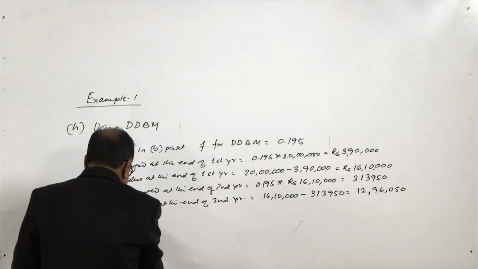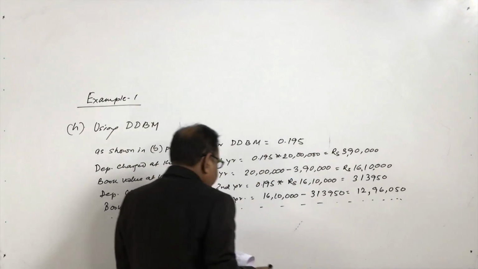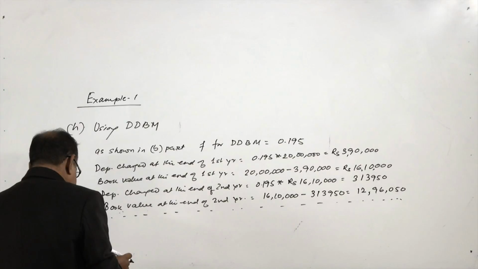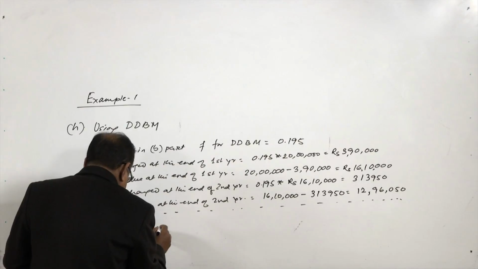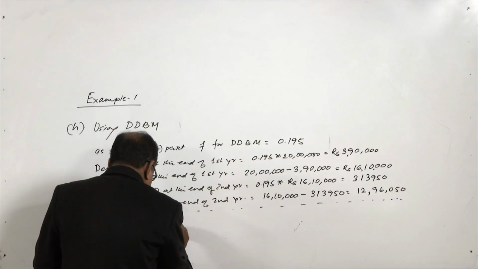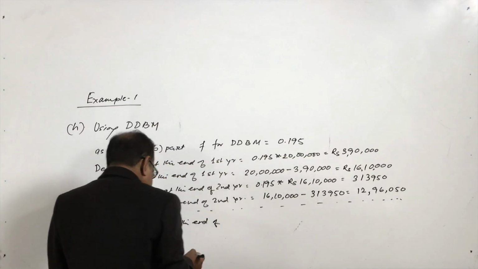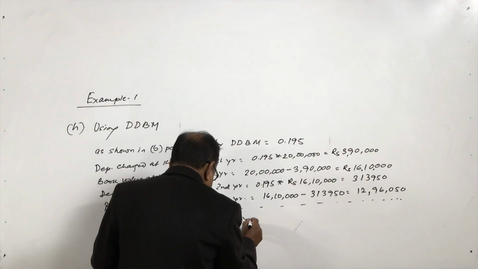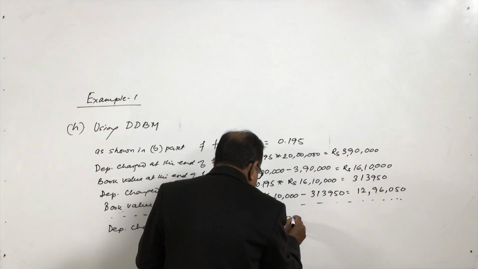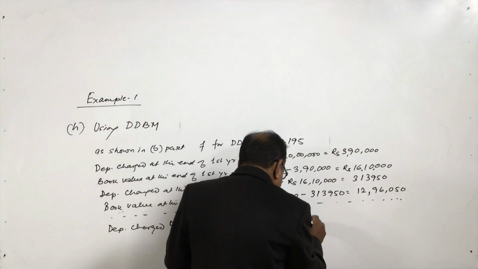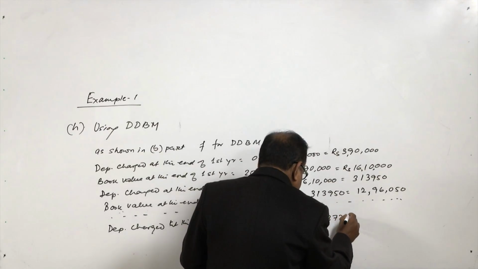Now this way I compute up to 5 years. So depreciation charged at the end of fifth year is equal to 0.195 into book value, and that book value comes out to be 9872.8.